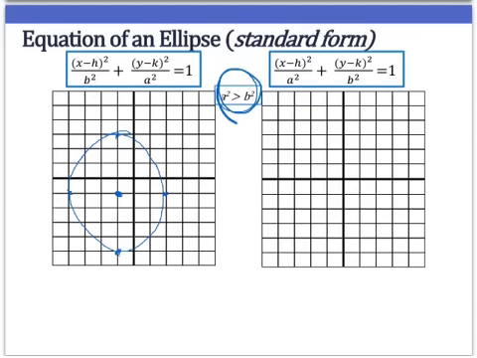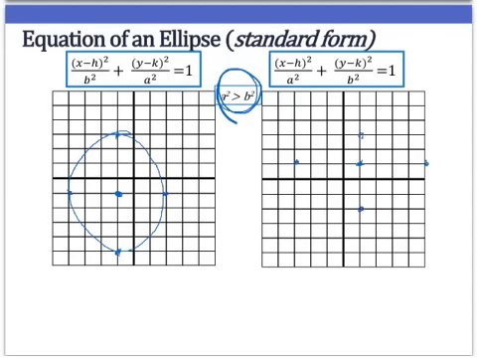So I'm going to pick another center. We'll make it at (1, 1). And I'm going to pick this time my a to be about 4. And then I'm going to pick the b to be 2, or the b squared is 4, so b is 2.